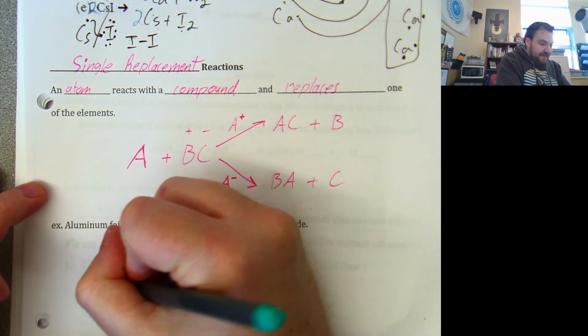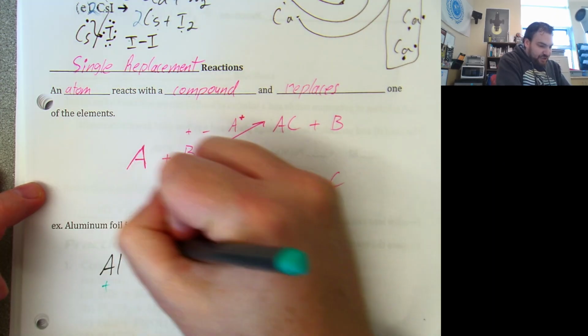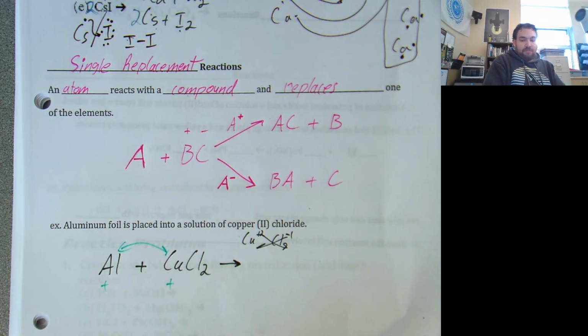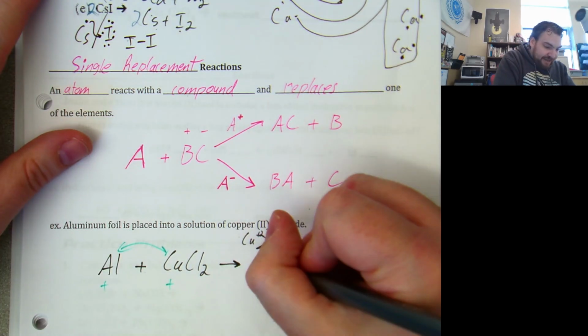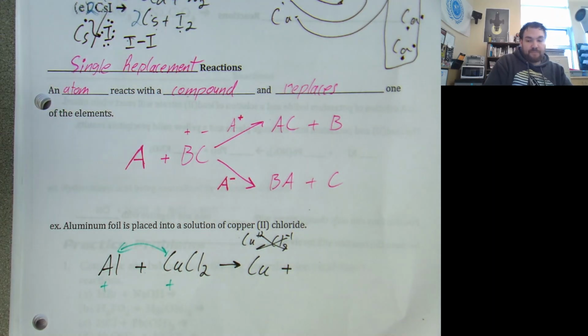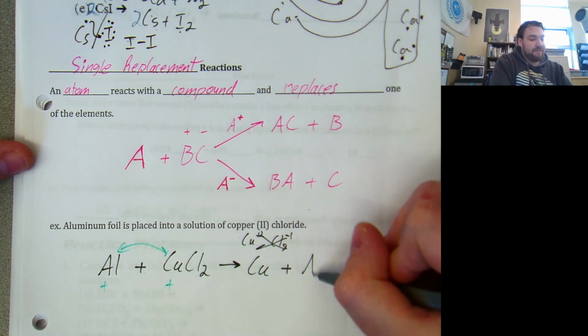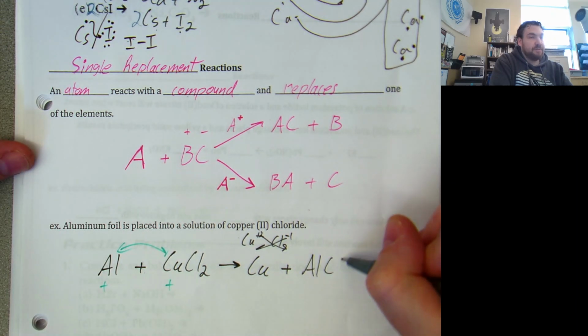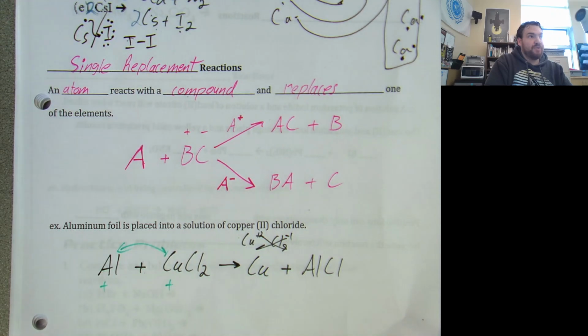This one's positive, this one's positive, so these are the two that are going to swap spots. The Cu is going to come out of the compound, and then what's the compound that we're going to get as a result? Almost.